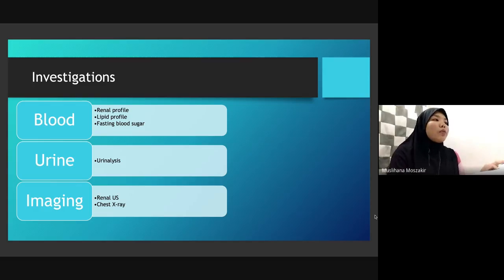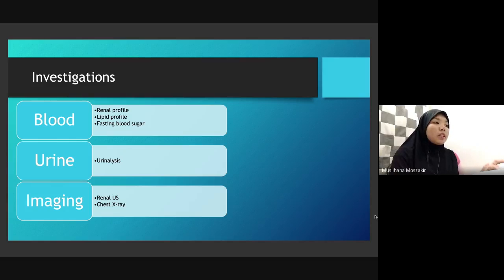And then for urinalysis, we might want to detect any proteinuria and to know the GFR, the function of the kidney.